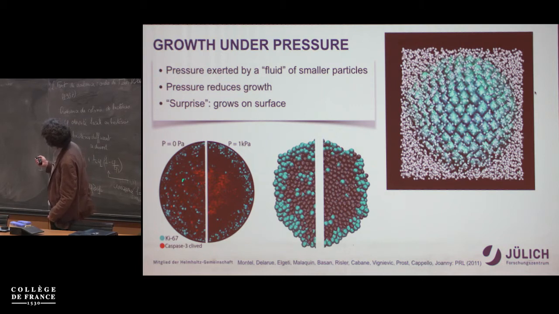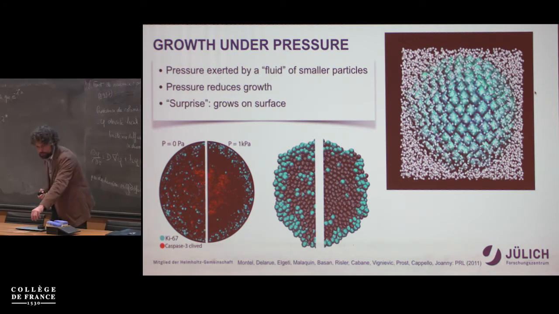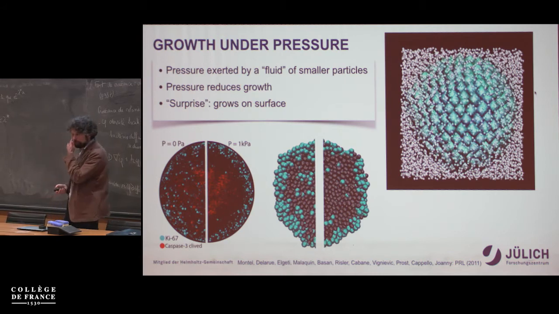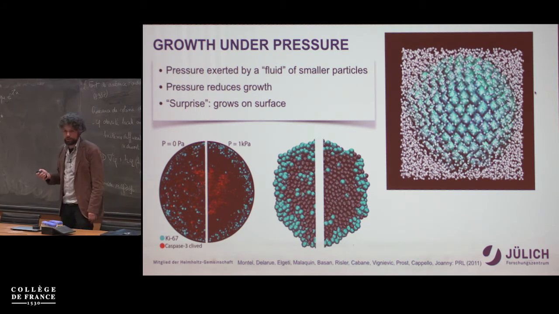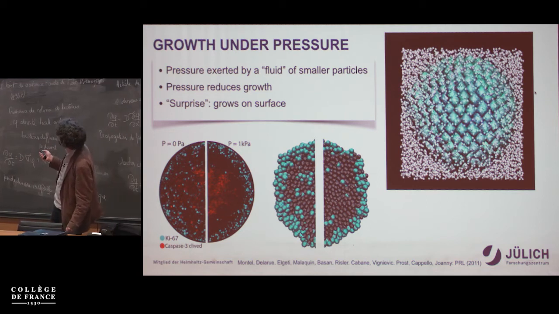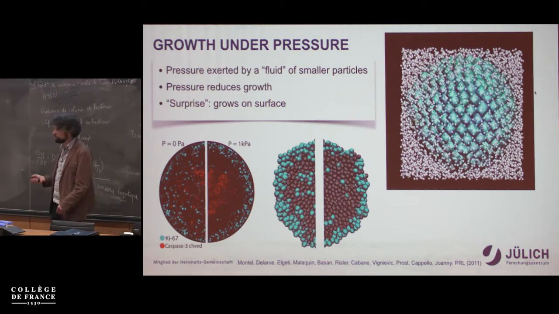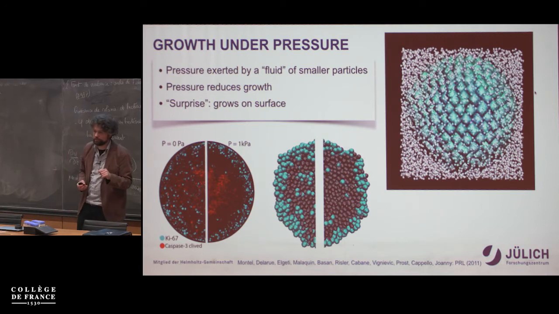So this here on the left is, you take one of those cancer cell spheroids out of the experiment, you freeze it, you cut it in half, and then you can do some biomagic and label cells that are in the process of division blue. And then you see that there's more cells blue on the outside than in the inside. And of course, I can do the same thing in the simulations, and I see there's more blue on the surface than in the inside. And if you plug that into your equations, you see right away that it fits the growth curves that we had. I'll show you that data later.